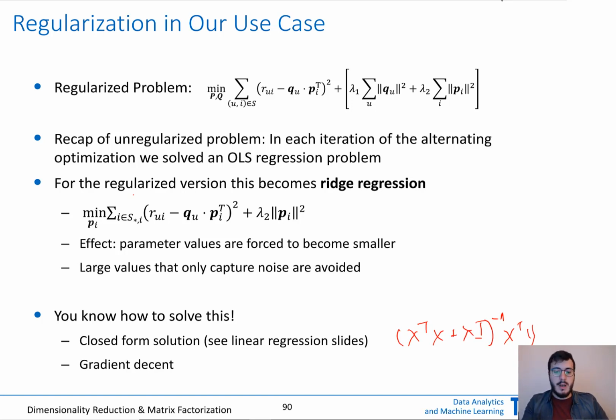And as I've just discussed, having larger lambda forces the parameters to be smaller and smaller, which in turn avoids capturing a lot of noise. Okay, so in the case of alternating least squares, the problem doesn't change much. Instead of solving a normal regression problem, we solve a ridge regression problem.